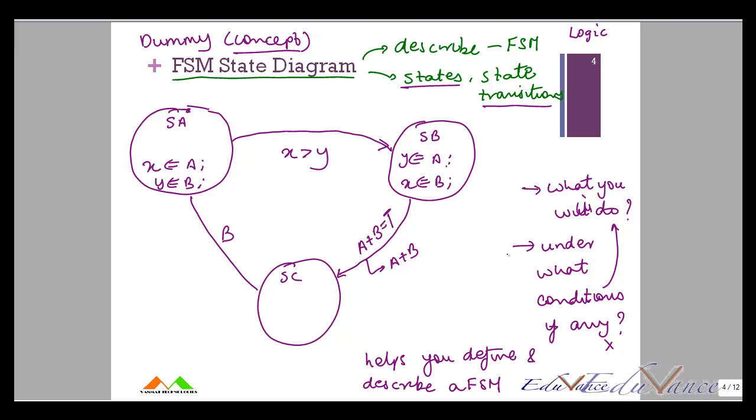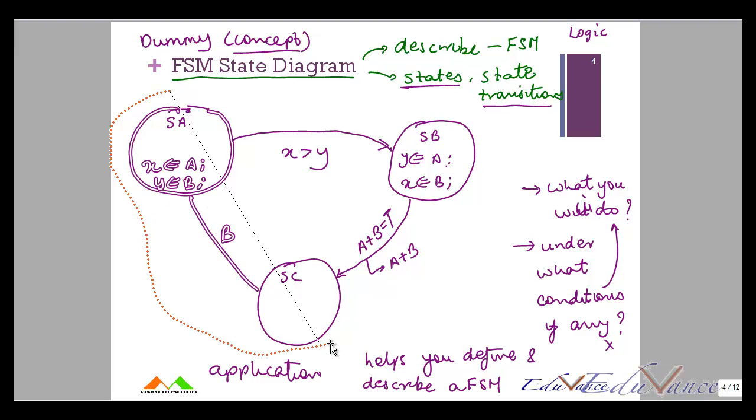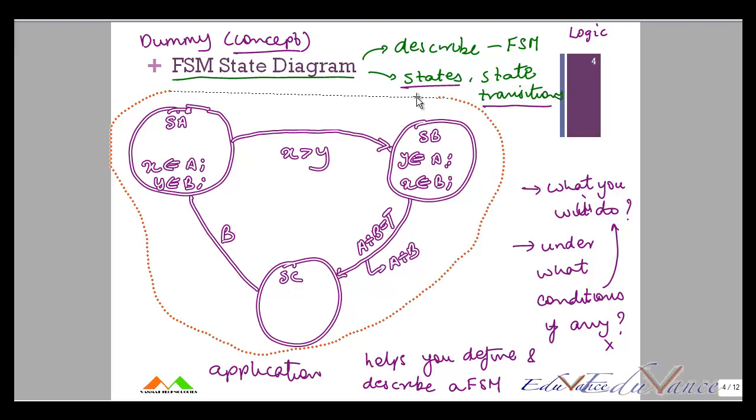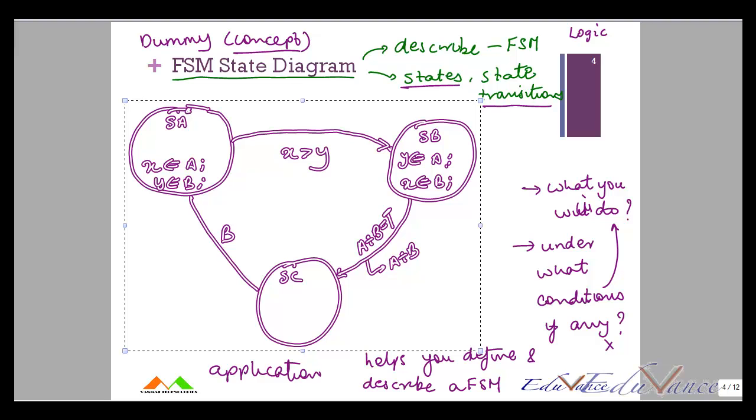Again, this depends on your application. So these conditions that I just removed would depend on your application. And we will see that with a divider as an application. So now this is a basic state machine. I would like to explain a few rules to the user. So let's understand that.